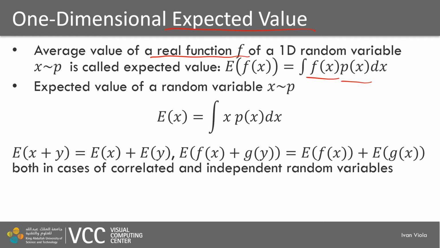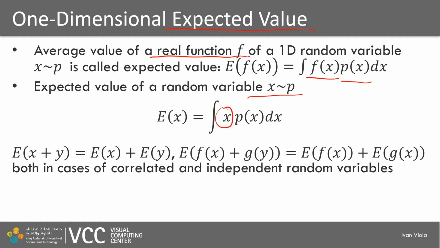So we are summing up the functional value and weighting it with its probability. We can also define an expected value of a random variable according to a certain probability density function, where our function value f(x) is equal to x.